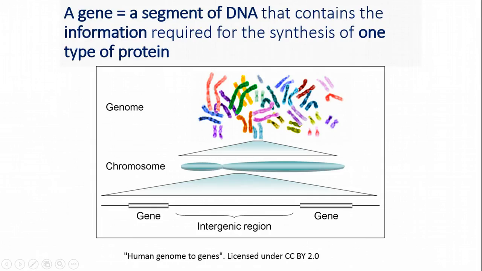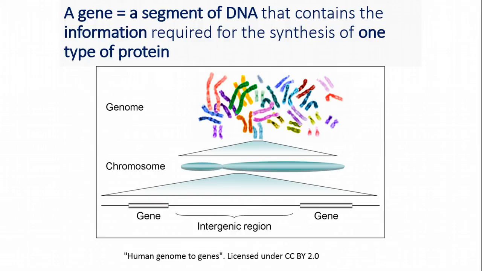So what are we talking about when we are actually referring to a gene that is translated into a protein? Well, we're talking about a segment of DNA that contains the information required to synthesize one protein.